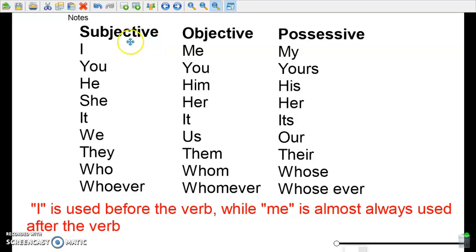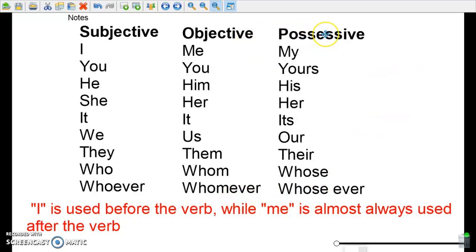So subjective pronouns you have just like what we use: I, you, he, she, it, and it is always talking about a thing. We, they, who, whoever. An objective pronoun, which receives the action, would be me, you, him, her, it, us, them, whomever.